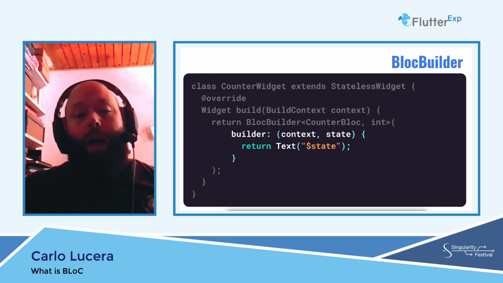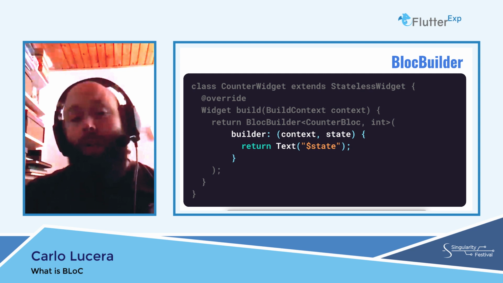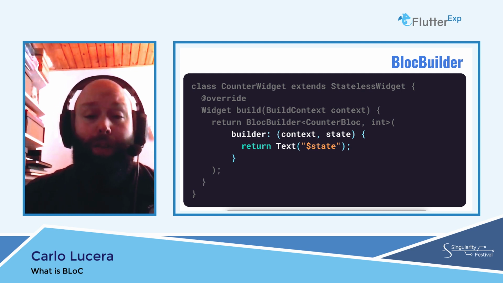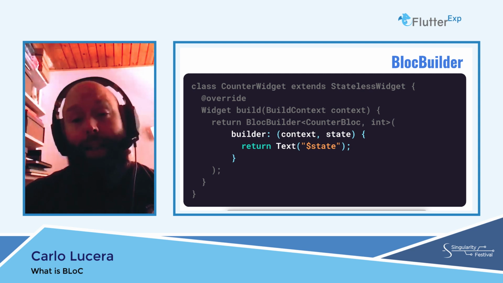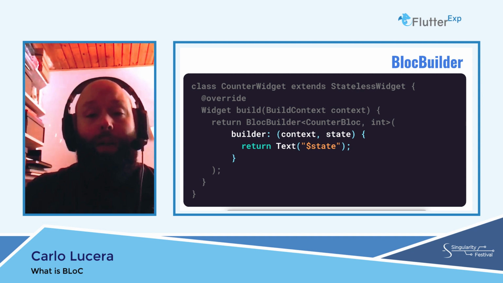Then we have a builder function, much like the build function of our widget. The builder function uses a context as the first parameter and a state as the second. The state is what the current state in the current block, in the counter block, is.